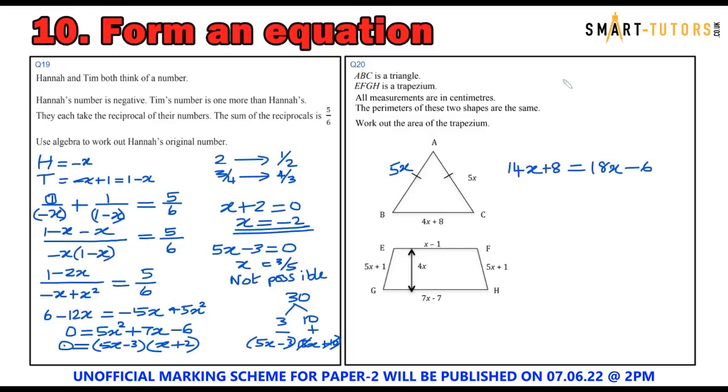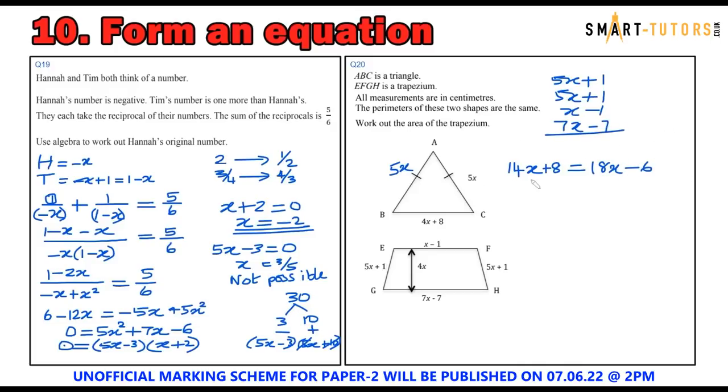So doing the algebra properly: 5x plus 1, again 5x plus 1, x minus 1, 7x minus 7. You add everything and you get 18x minus 6.